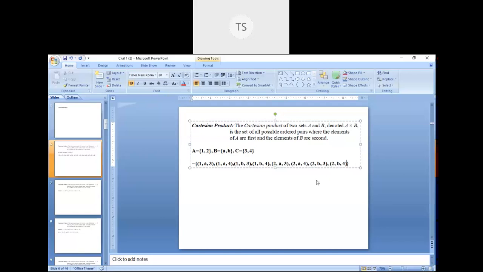So it will be true for any number of sets. If I give you 4 sets, then also the number of elements of A into B into C into D is equal to the number of elements in A cross B cross C cross D. So it is true for any number of sets. Always remember, these points are important for your MCQ. Okay, is it clear?